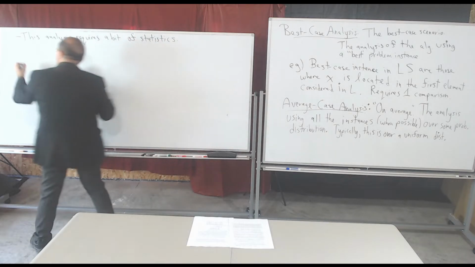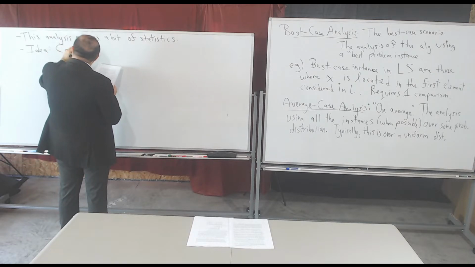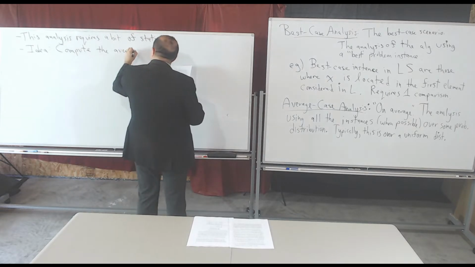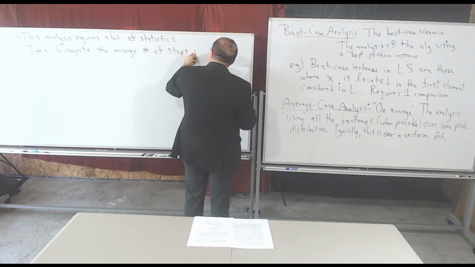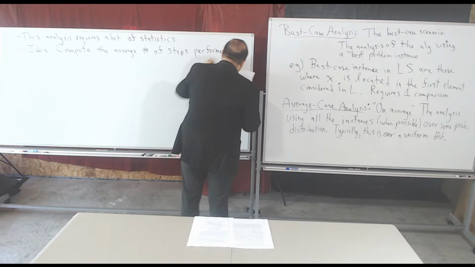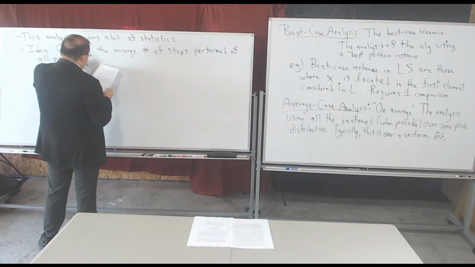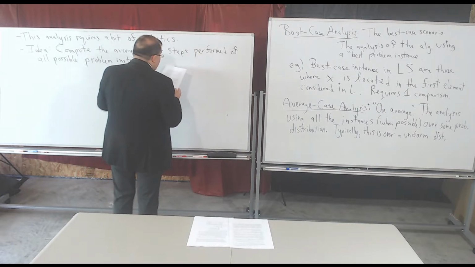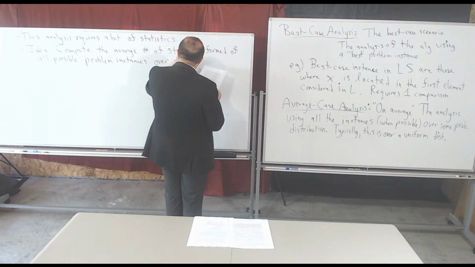So here's the idea. Compute the average number of steps performed of all possible problem instances over the probability distribution.